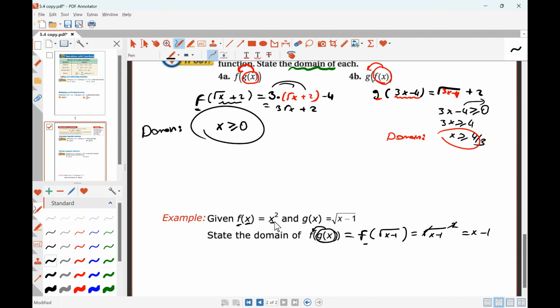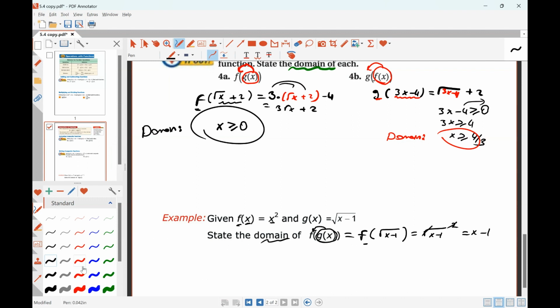So about the domain, at first sight we may say x minus 1 is the result. There is no restriction, so the domain is all real numbers, which would be wrong. We also have to check the inside function.